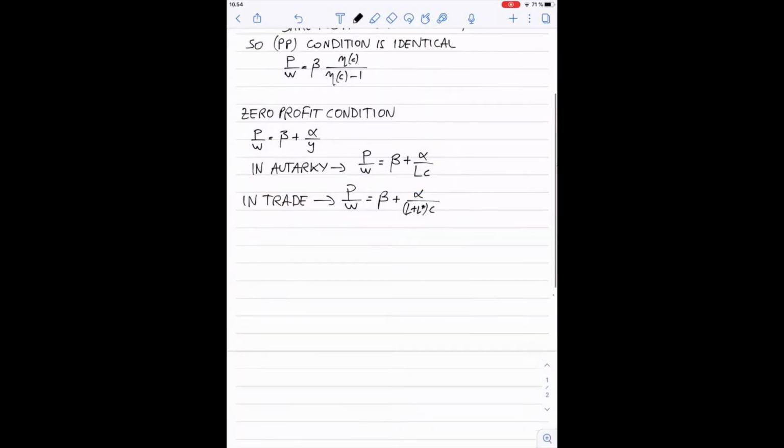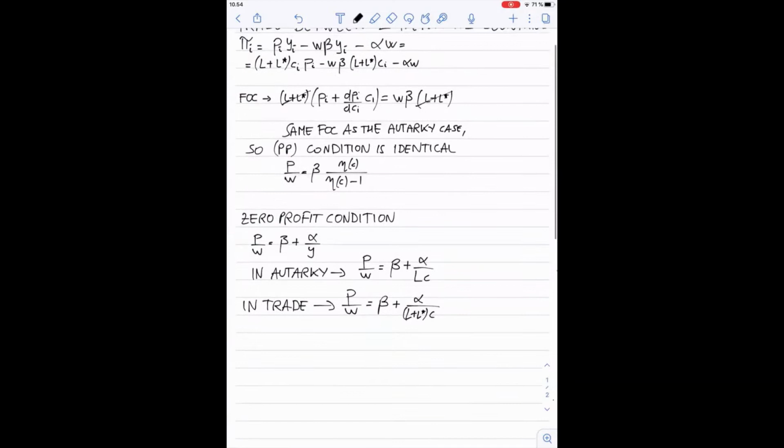So what is the difference here? Well, we show that the PP condition does not change, and that makes sense. What about the zero profit condition? Well, the formula for the zero profit condition under autarky and trade is pretty much similar, right? The only difference is that in autarky you have L, and in trade you have L plus L star.